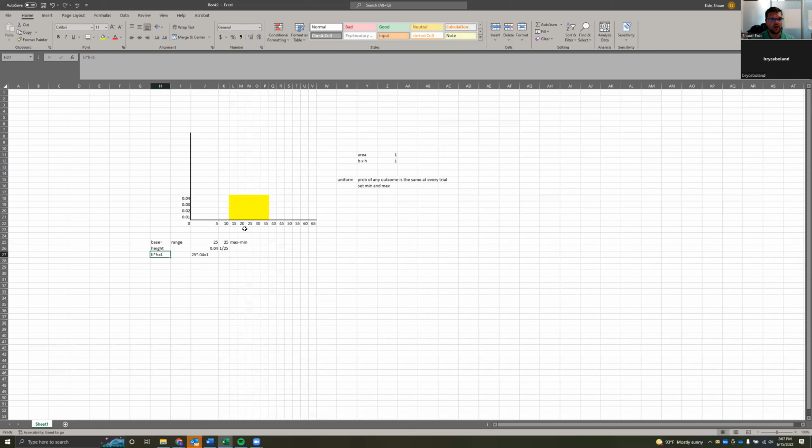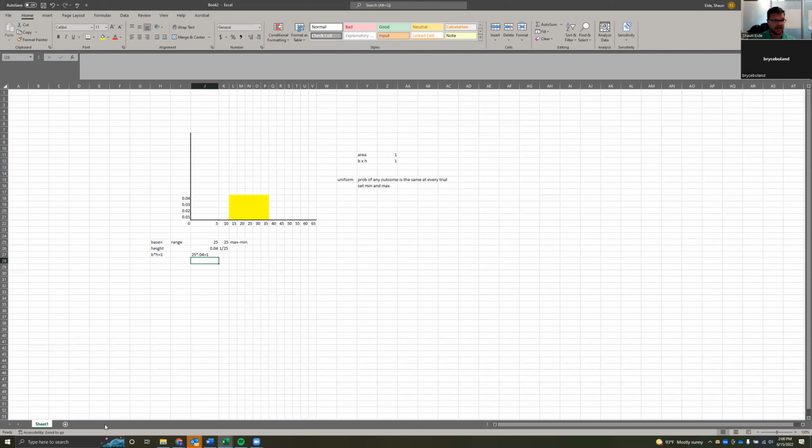Now what if I want to know the probability of a particular range? So if I want to know what's the probability of me having between $25 to $35, well, what did I do? I just changed the range, or I just changed the base. Now the height is staying the same, because every single possible outcome is between 10 to 35. But I want to know, of all these possible outcomes, what's the probability of you having a snippet from that possible outcome?